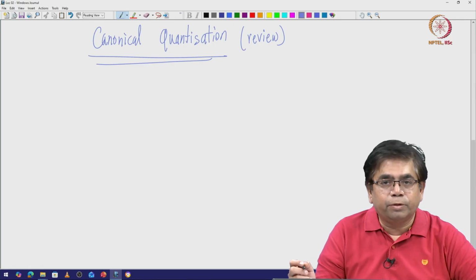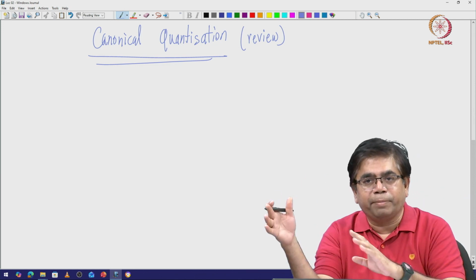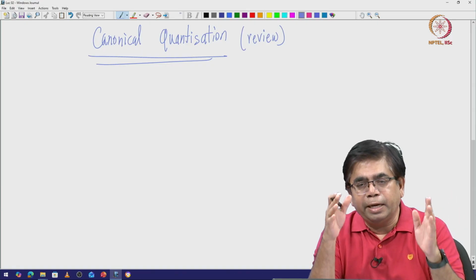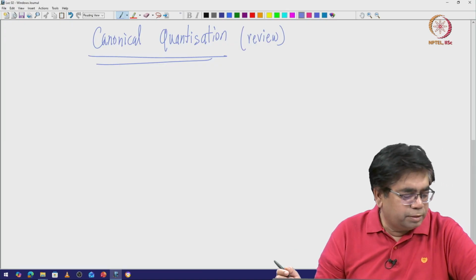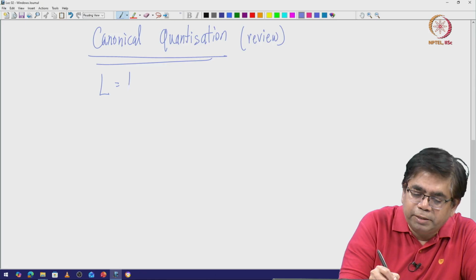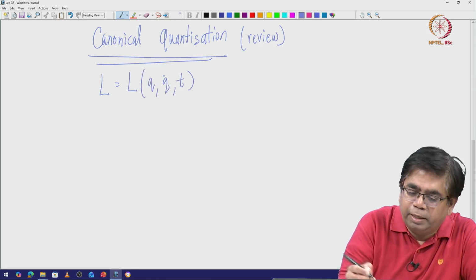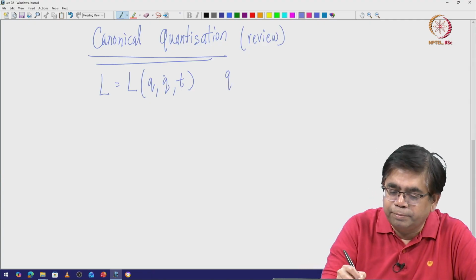How do you go from classical mechanics to quantum mechanics? This is the same procedure which we will try to follow in this particular case, but I will tell you the differences. In classical mechanics we define a Lagrangian to be a function L of q dot and t, where q is a generalized variable.